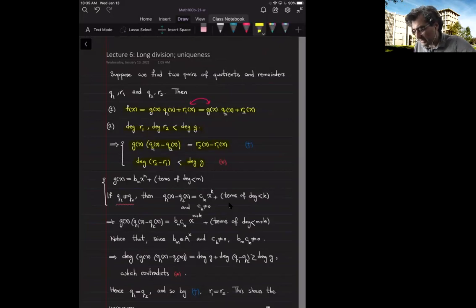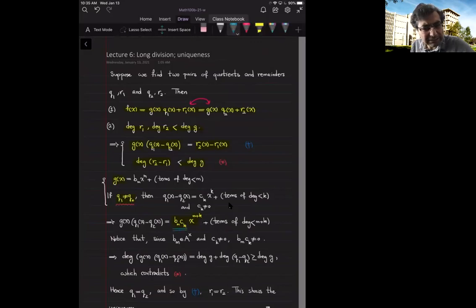So more precisely, if I assume q1 is not q2, then when I multiply it out by g, the candidate leading term would be b sub m times c sub k times x to the power m plus k. This candidate leading term would be the precise leading term as soon as this coefficient is not 0.